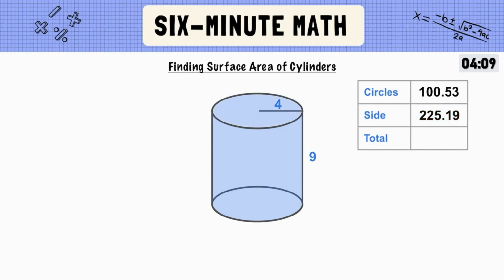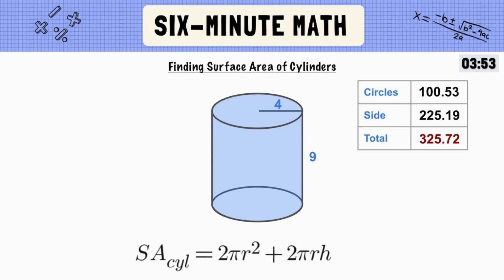To find the total surface area of this cylinder, I simply add my sides together, the circles plus the side, which is 325.72. A handy formula for finding a cylinder is to simply use 2 pi r squared plus 2 pi r h. Now what this actually is just the circles plus the side.